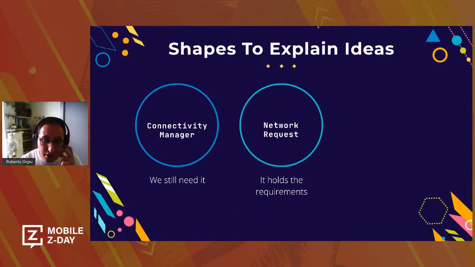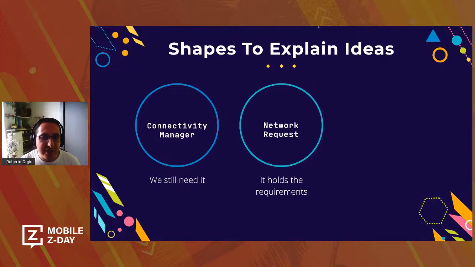Then a new object appears, which is the network request. This is an object that will hold the requirements for our network. What are the requirements? Well, the requirements might be the fact that we wanted a metered network or not, we want internet connectivity or not, we want it to be over Bluetooth protocol for any reason.